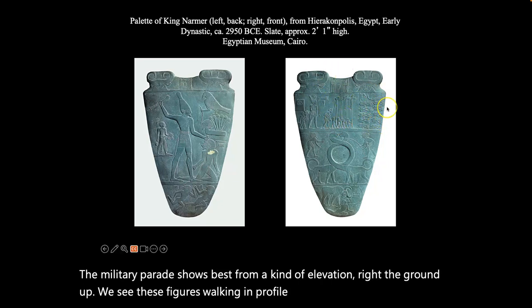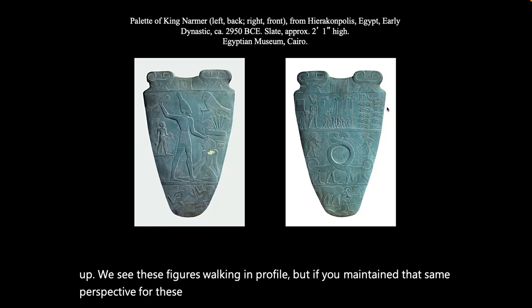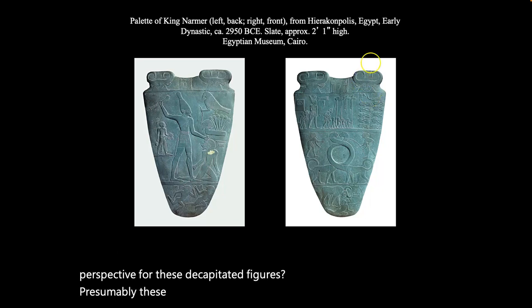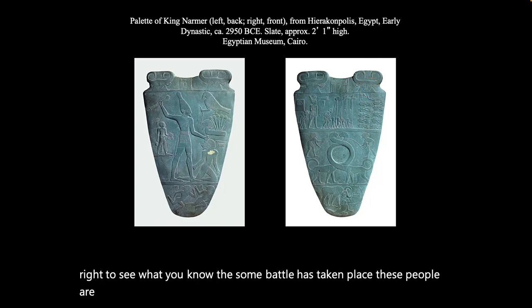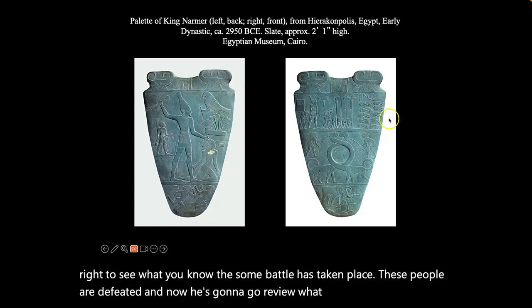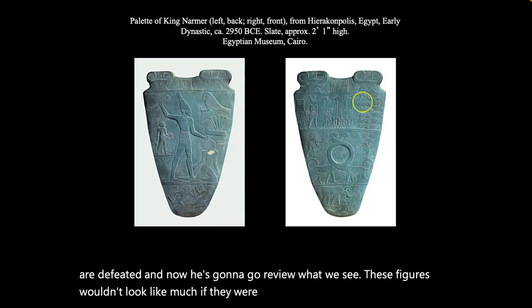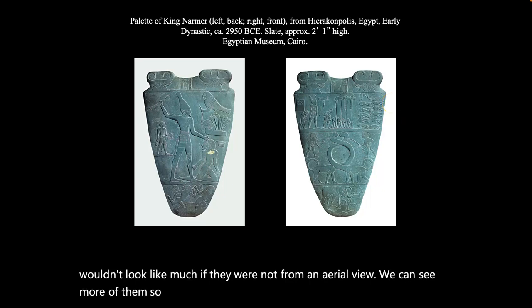But if you maintained that same perspective for these decapitated figures, presumably these figures that Narmer is going to review, going to look over, right, to see what, some battle has taken place. These people are defeated, and now he's going to go review what we see. These figures wouldn't look like much if they were not from an aerial view. We can see more of them. So they've combined different perspectives.